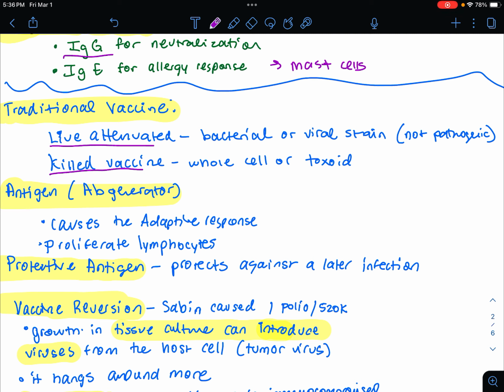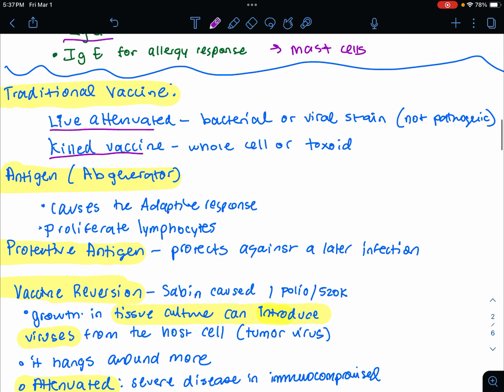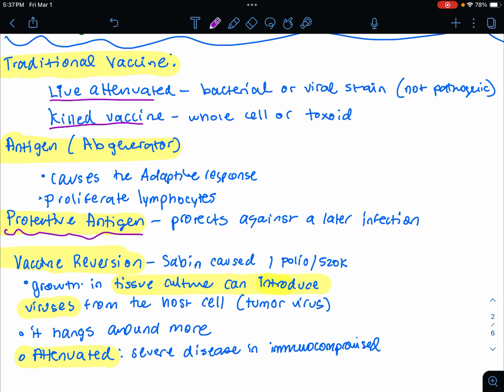Again, an antigen is just any molecule that elicits the adaptive response, and you're going to also have the proliferation of lymphocytes. A protective antigen. This is something new. A protective antigen protects against a later infection.